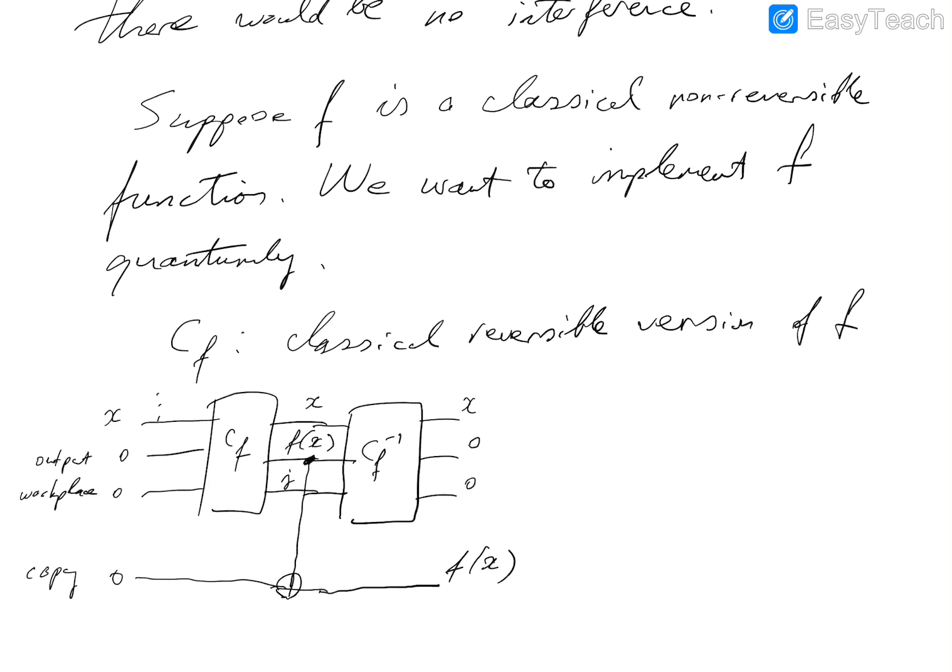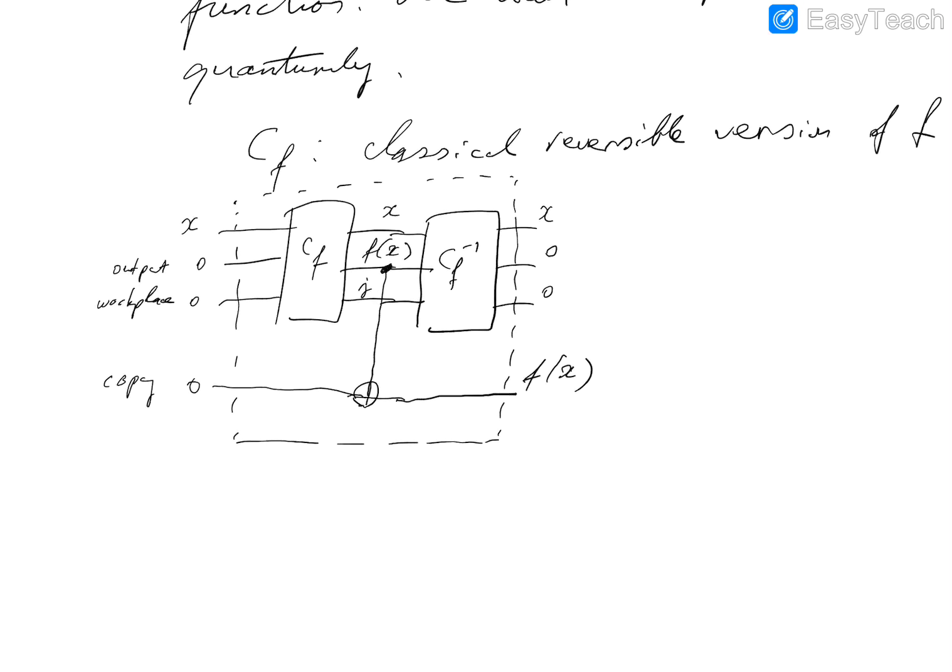So this is the general scheme for implementing the function f quantumly. It's reversible, and we got rid of the junk bits.